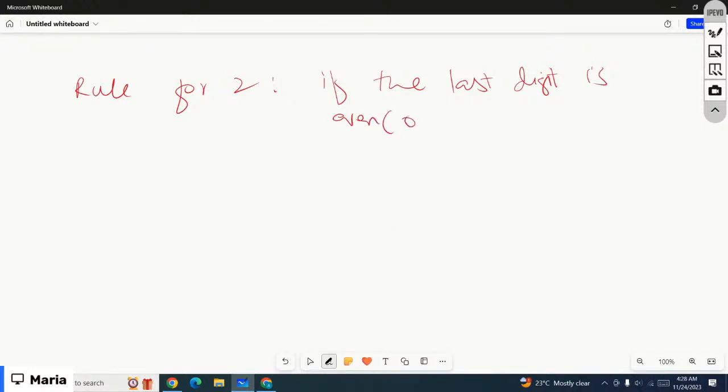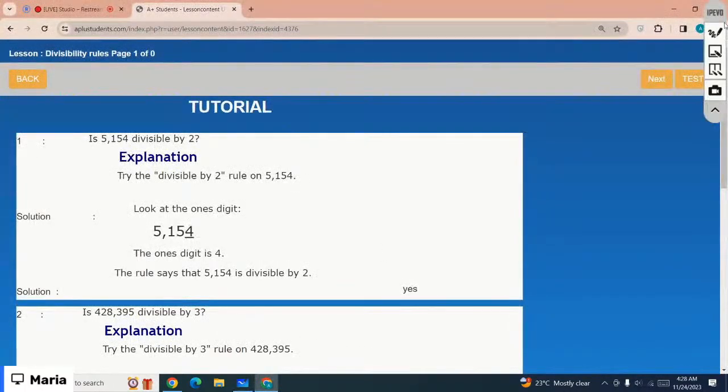Even means it is 0, 2, 4, 6 and 8, right? If the last digit is 0, 2, 4, 6 and 8, that means the number is divisible by 2. It is a very easy rule for 2.